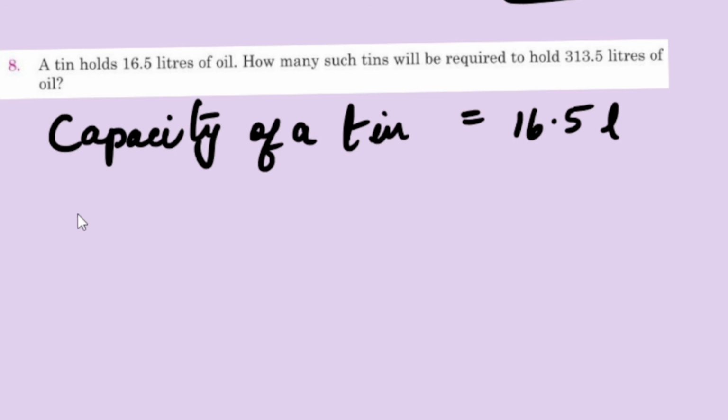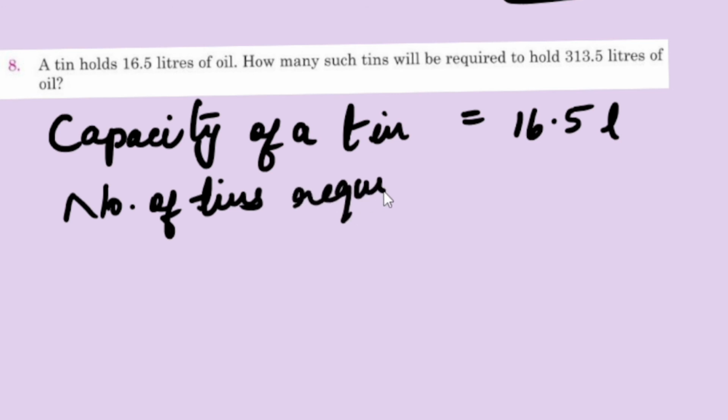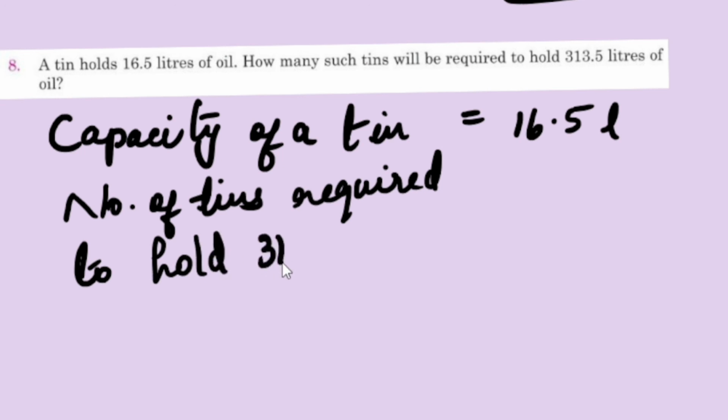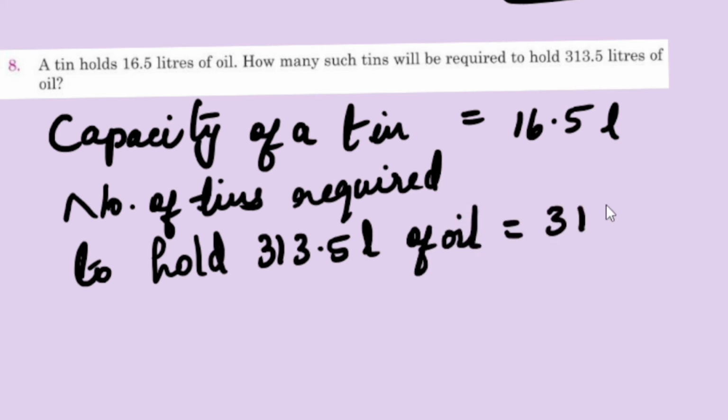Then the number of tins required to hold 313.5 liters of oil is equal to 313.5 divided by 16.5.